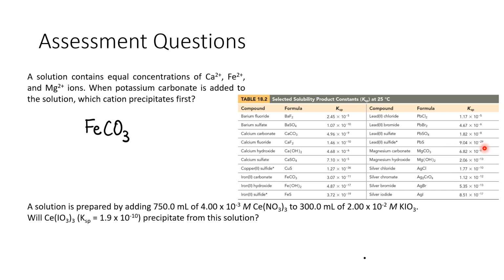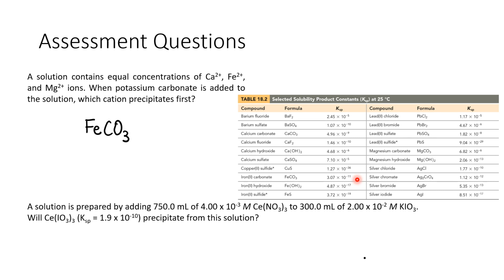concentration-wise. So it turns out that you don't need much carbonate to precipitate out the iron, because the iron has the lowest KSP, right? A lower KSP means that your stuff is less soluble.